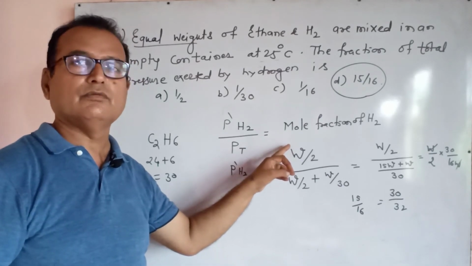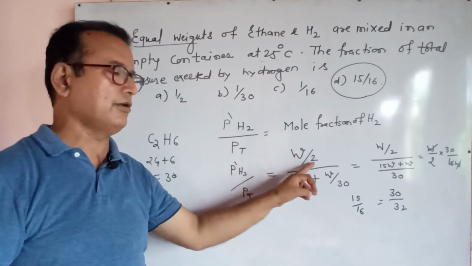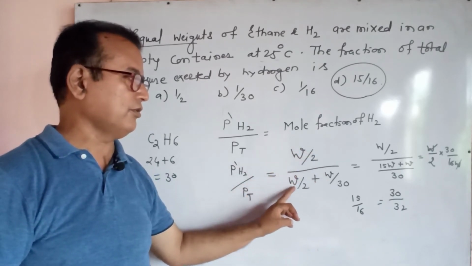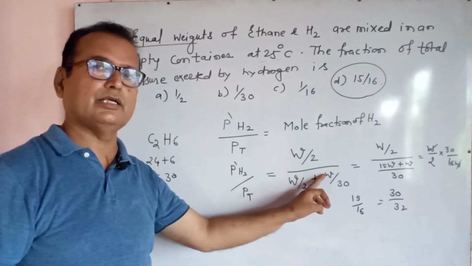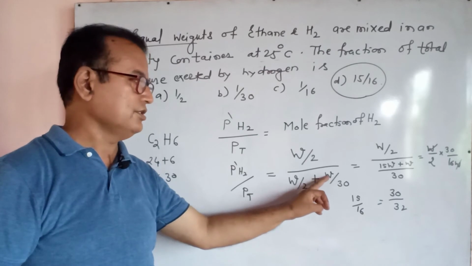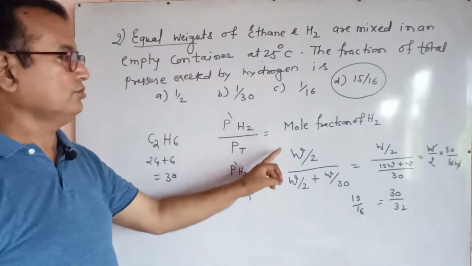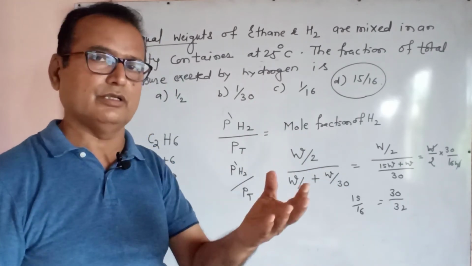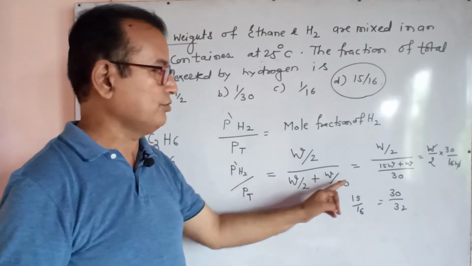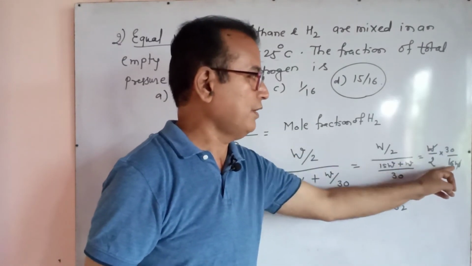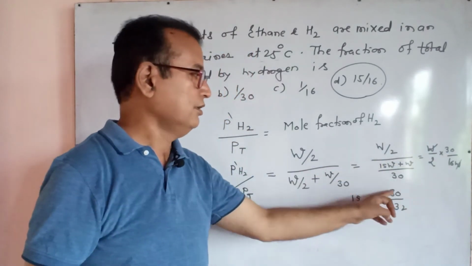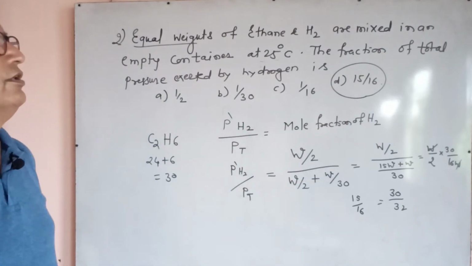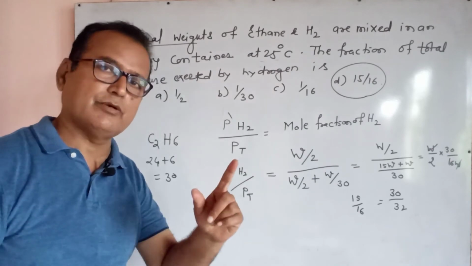Moles are determined by the given mass divided by the molar mass: N1 upon N1 plus N2, where N2 is the weight of ethane divided by its molar mass. The given weights are equal, so W gets cancelled. Calculating, W by 2 over 16W by 30 gives 30W divided by 32W, W cancels, and 30 upon 32 means 15 upon 16. 15 upon 16 is the fraction of total pressure exerted by hydrogen.